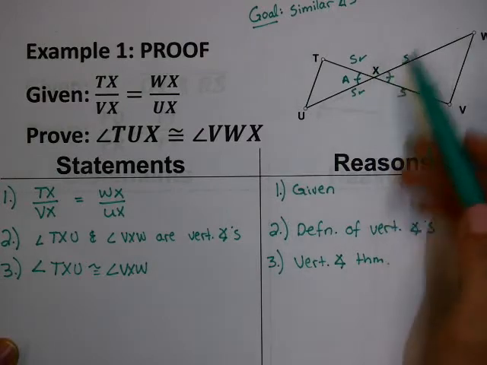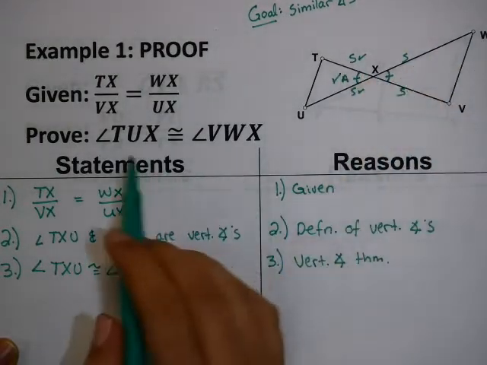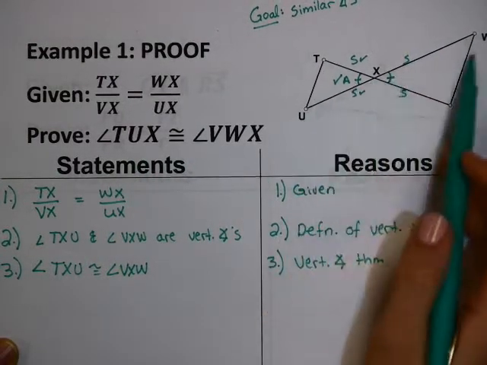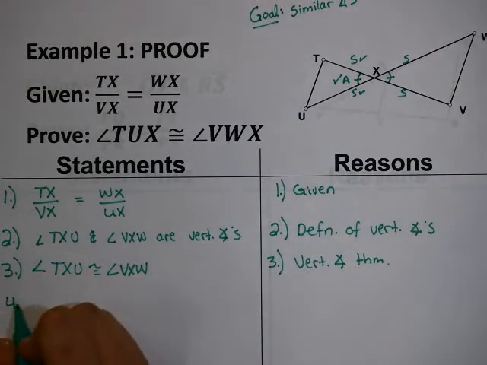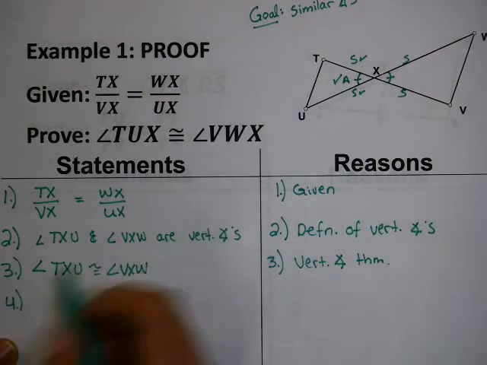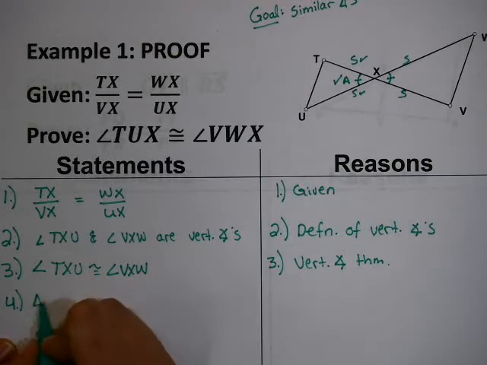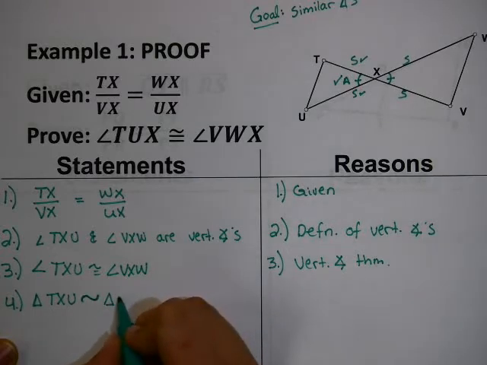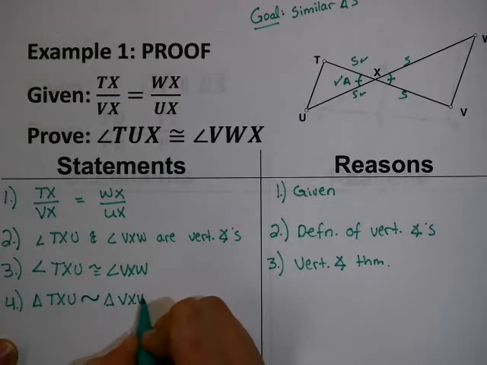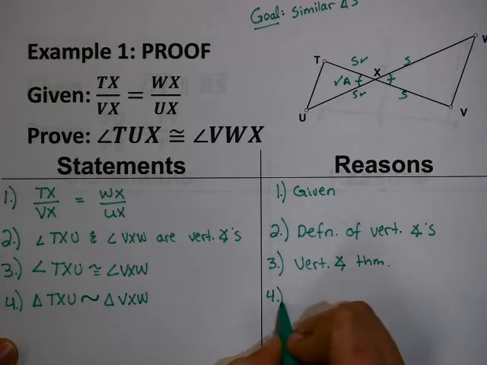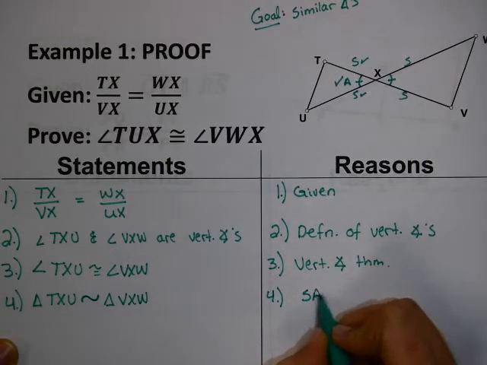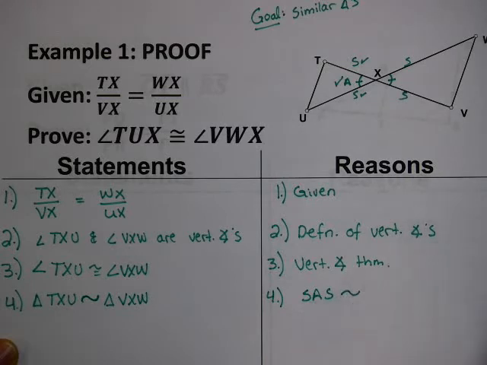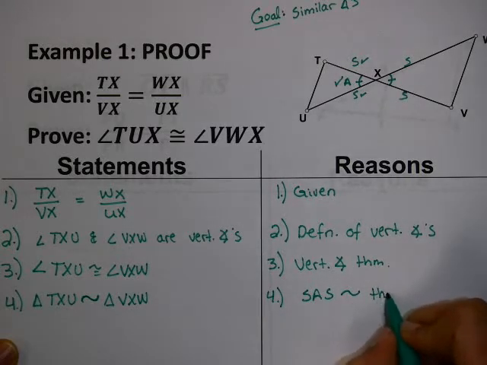Now we have side angle side, and I'm able to say these two triangles are similar. So triangle TXU is similar to triangle VXW, and that's by the side angle side similarity theorem.